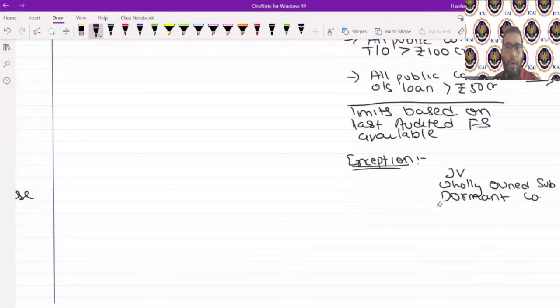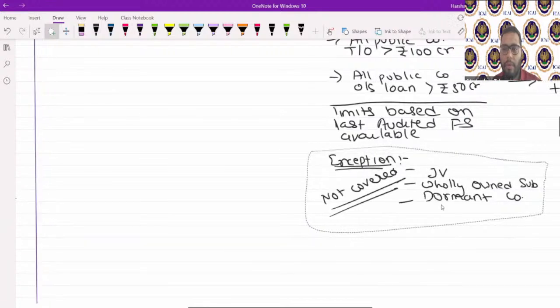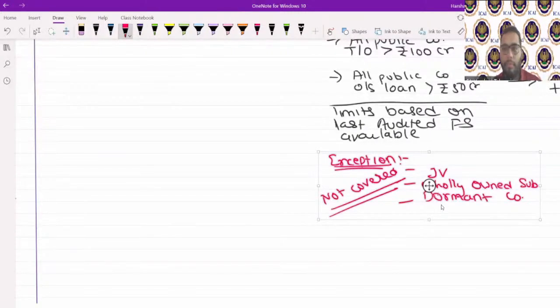A JV, wholly owned subsidiary, and dormant company are not covered under the provision here. Clear?